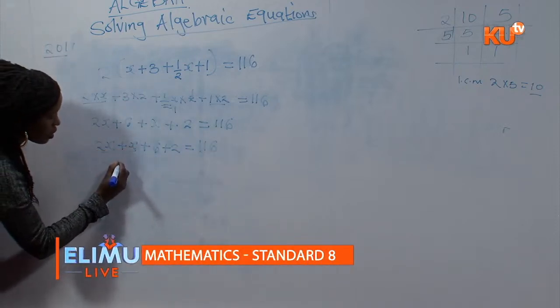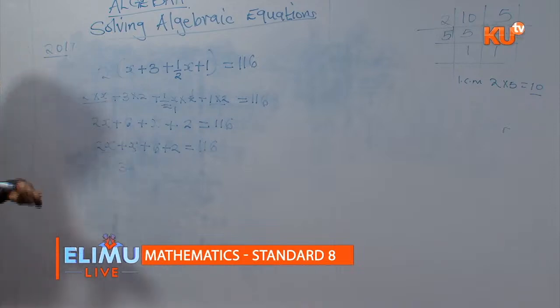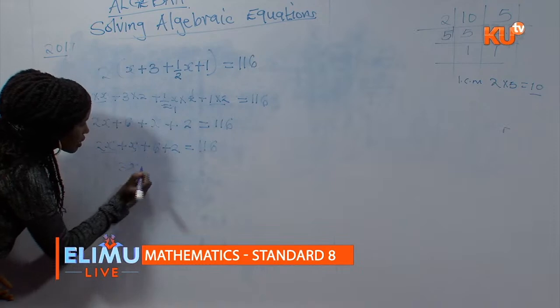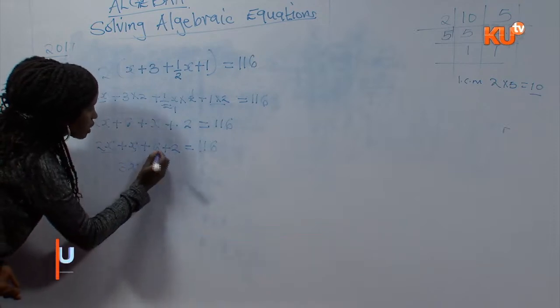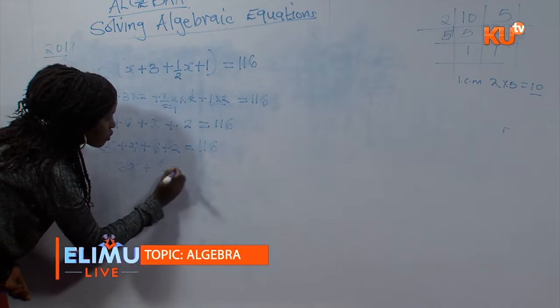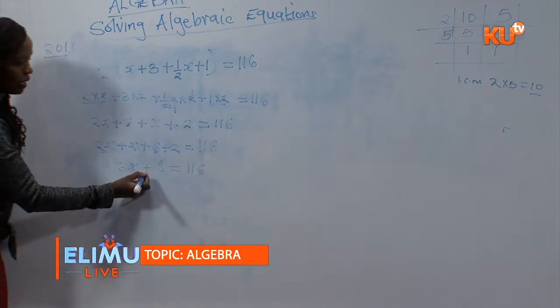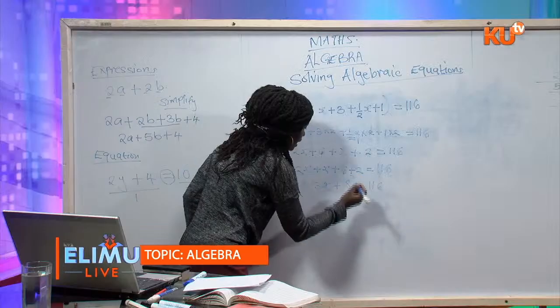So here we get 3x plus 6 plus 2 is 8 is equal to 116. So this is plus 8, I take it to the other side.